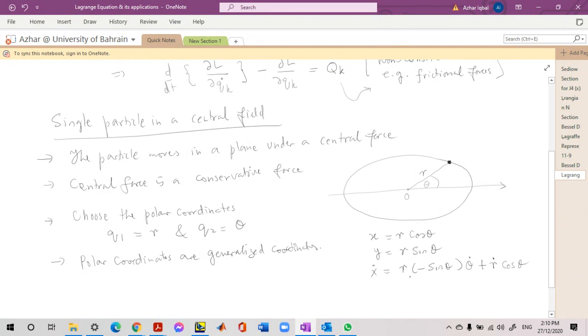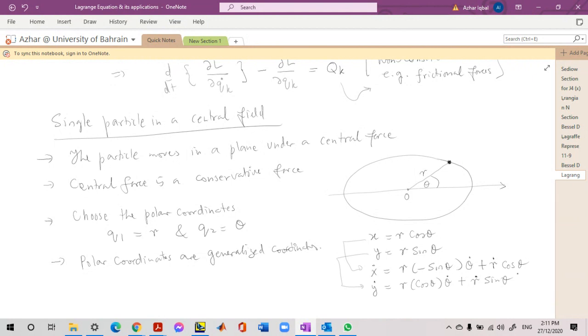Similarly, y dot is obtained by keeping r, differentiating sine theta to get cosine theta times theta dot, plus r dot times sine of theta. So you can find x dot and y dot.